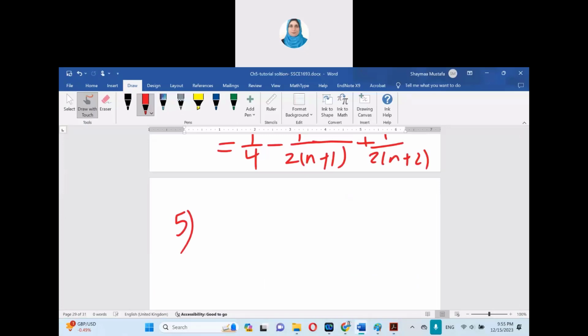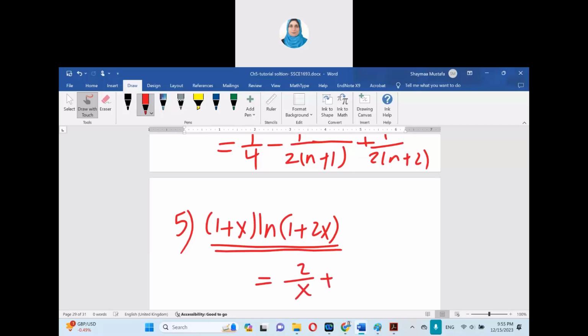For question 5, what you need to do is to prove that 1 plus x times ln(1 plus 2x), okay, find the Maclaurin series for this term, and prove it is equal to 2x plus 2/3 x cubed.